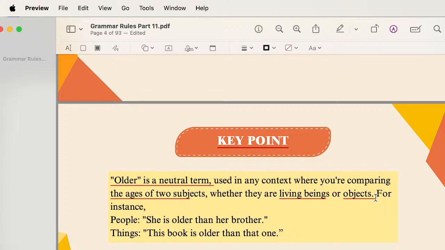This book is older than the one on the shelf. But remember, it can be used for both living beings and objects, whenever you are comparing two ages, or for something or someone that is more advanced in age or time. So this is how you use older.